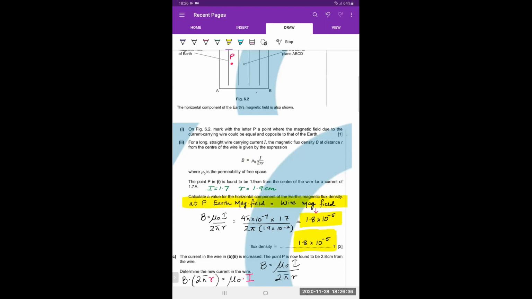The question, however, is asking me to calculate the field strength associated with the earth. Since at the point P both of these fields were numerically equal in magnitude, I can use this formula to calculate the field associated with the wire, and the same answer is also valid for the magnetic field strength associated with the earth, because at the point P they were both identical to each other.